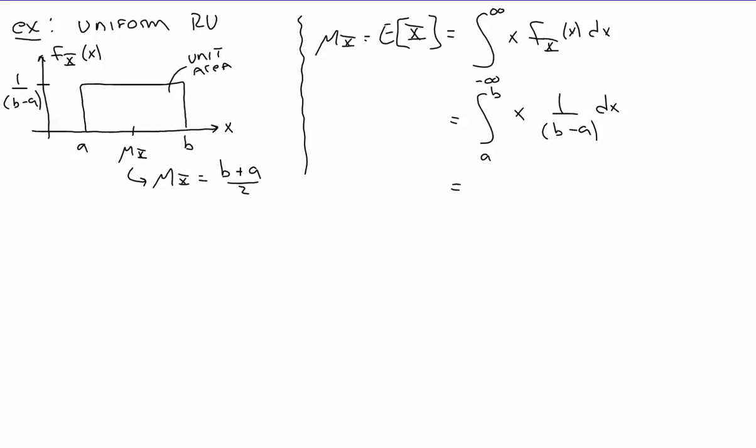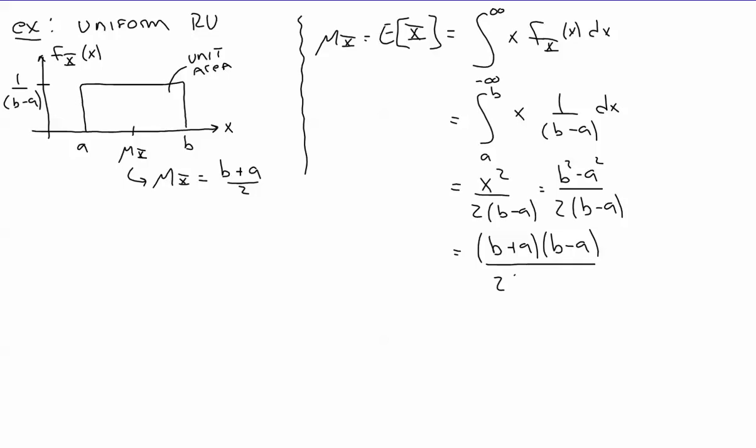And this equals x squared over 2(b minus a), which equals (b squared minus a squared) over 2(b minus a). After doing some factoring, I'll just write down some steps: it'll be (b plus a)(b minus a) over 2(b minus a), and that is (b plus a) divided by 2. So we get the result we expect. You check my math. Make sure I do the factoring correctly.